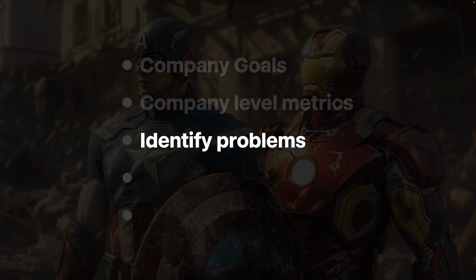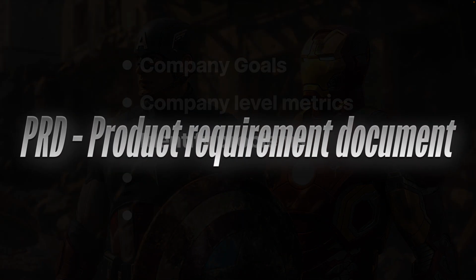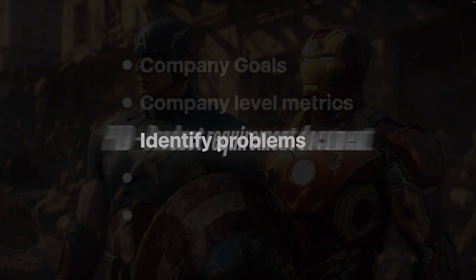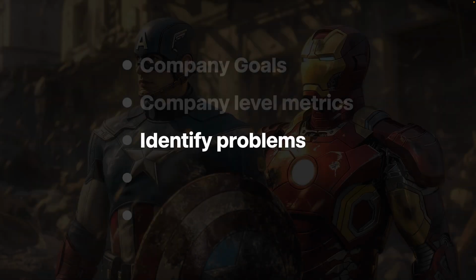In order to improve the company level metrics, you need to identify some problems that have to be solved, right? Of course, designers also identify problems, but most of that work is done by product managers. They are the ones who create something called a PRD, a product requirement document, with all the information that designers need to solve the problem.